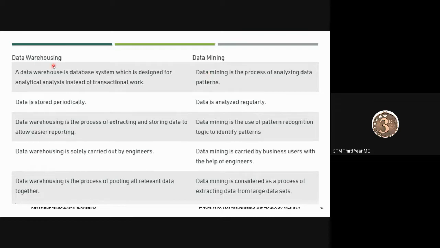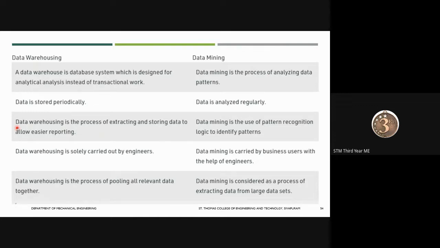Then data warehousing is the process of extracting and storing data to allow easier reporting. So first you are storing it, then you can extract it. Only when you store it, then you can extract it. Otherwise, if you are not storing it in a particular location, we have to go to that particular department, collect the data, then go to your department, analyze the data. So it is a tedious process, right?